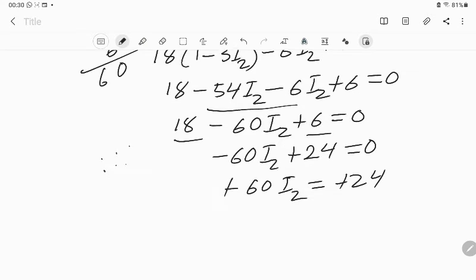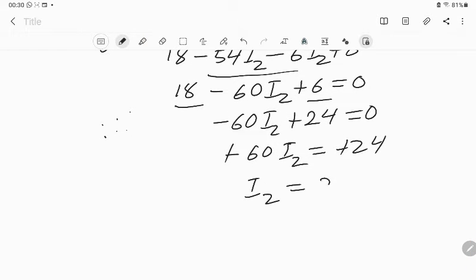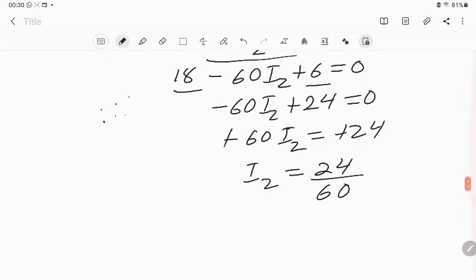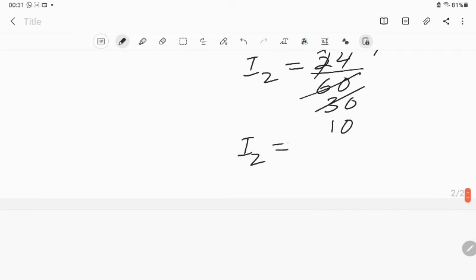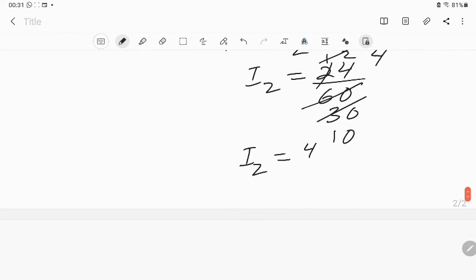So the minus cancels, and I2 equals 24 by 60. We can cancel: 24 by 60 is 4 by 10, which is 0.4 ampere. Now we got I2.